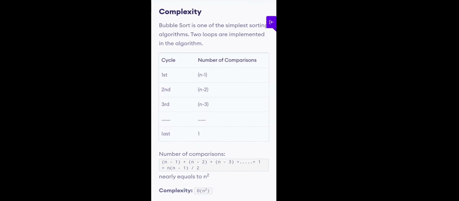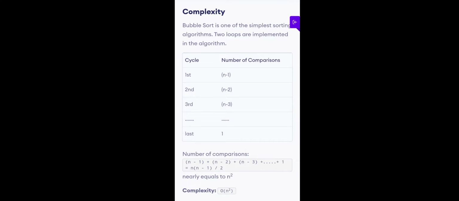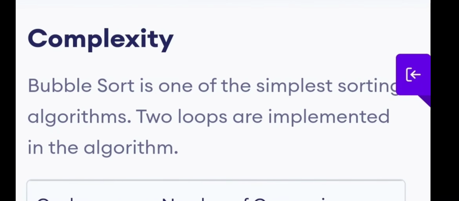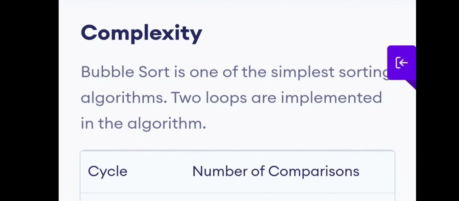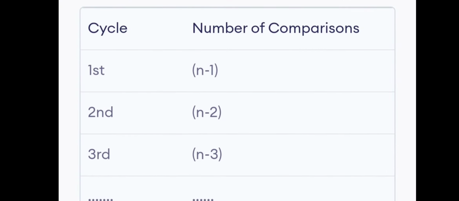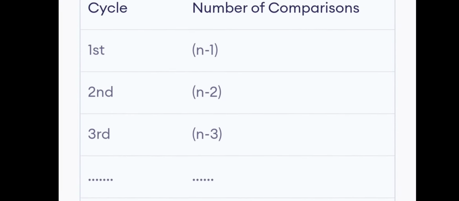We observe one more time, always we have to compare adjacent elements, and if there is a need of swapping, swap it. Okay, that is about bubble sort. Bubble sort is one of the simplest sorting algorithms. Two loops are implemented in this algorithm. First n-1 iterations, second one n-2 iterations, third n-3, and so on.